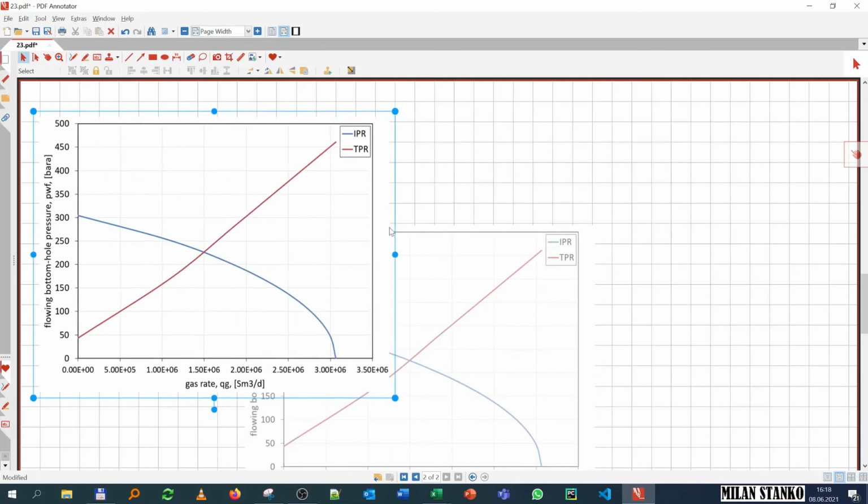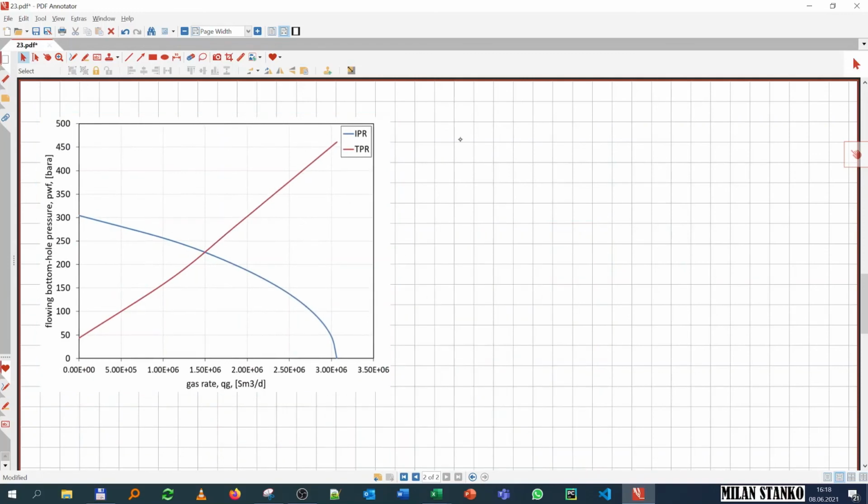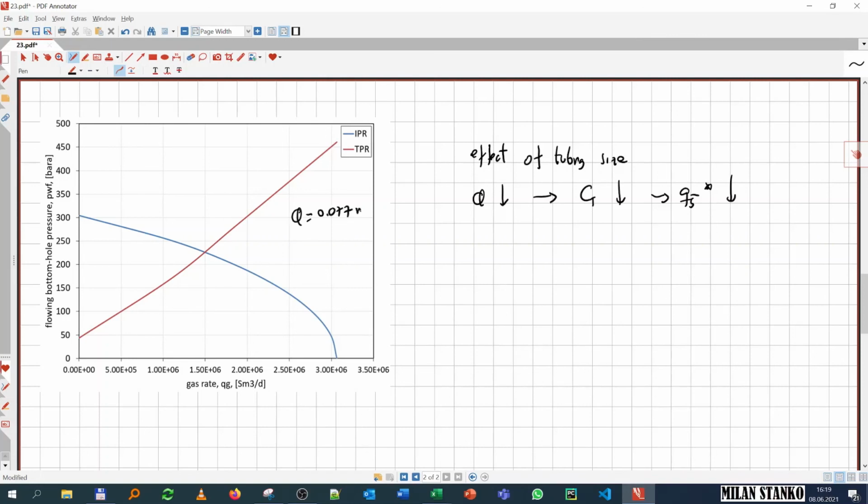So this is the effect of tubing size. If the diameter is reduced, then the CT will also be reduced, and therefore the equilibrium rate will be reduced. In this case, this diameter is 0.077, something like that, meters.